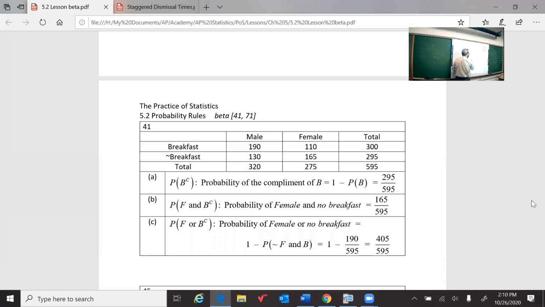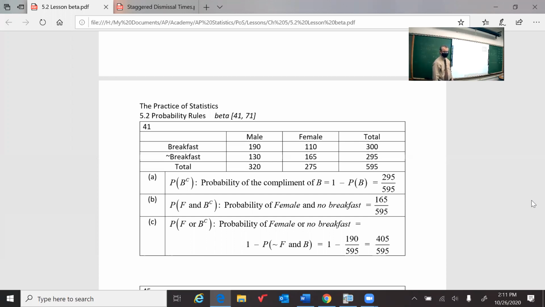Or you could just say this. The only thing that's left out is the male and breakfast. So I could take 190, which is how I did it there, out of 595. But you get the same answer if you added 130 to 110, and got 240, and added that to 165 and got 405 out of 595.